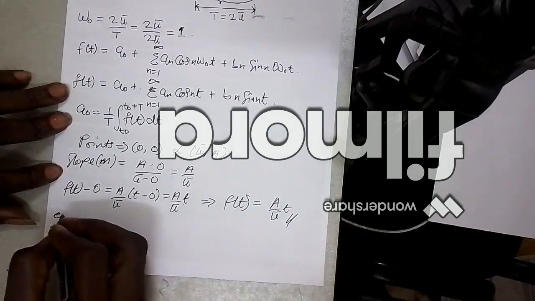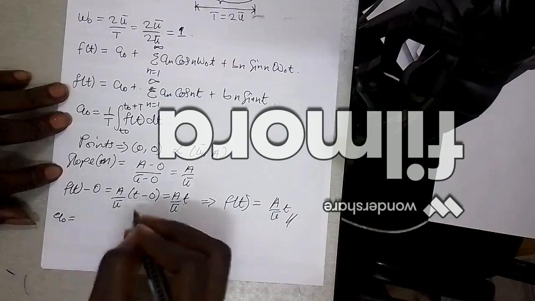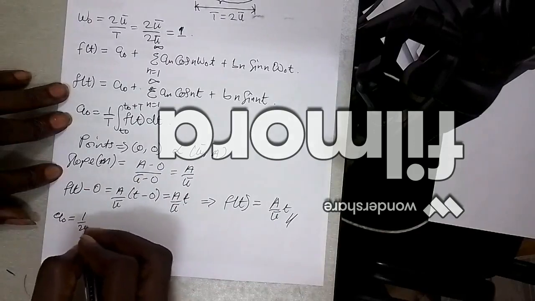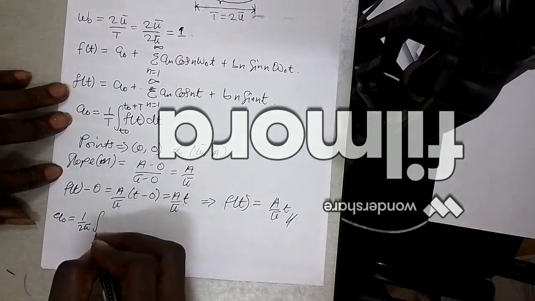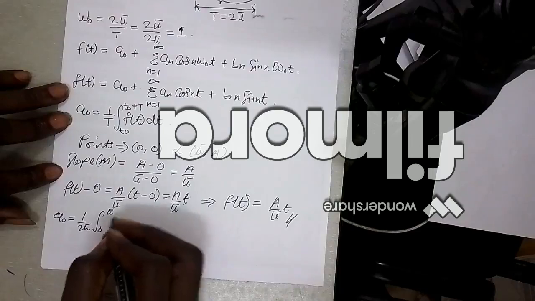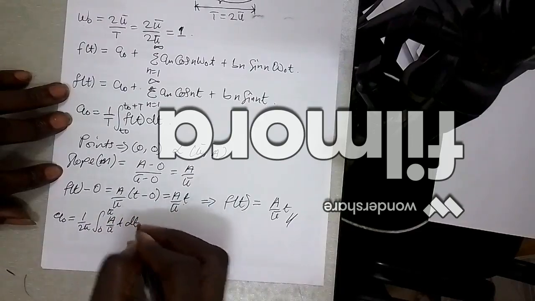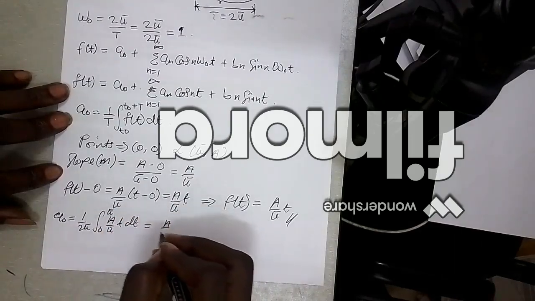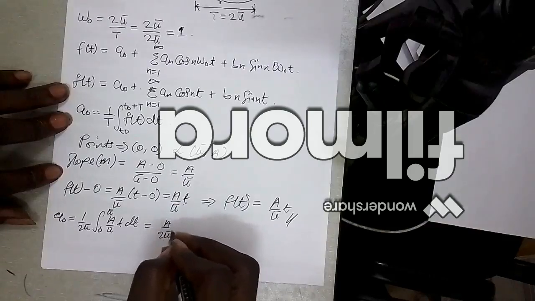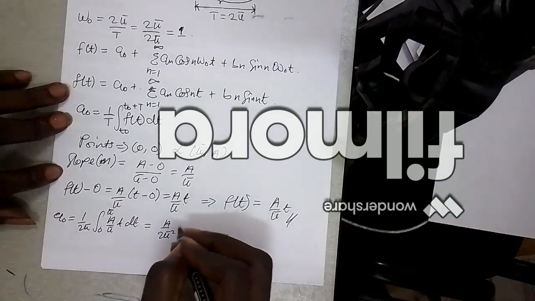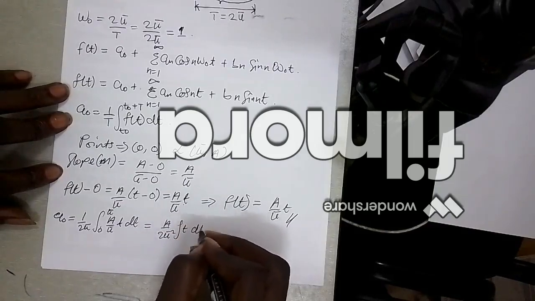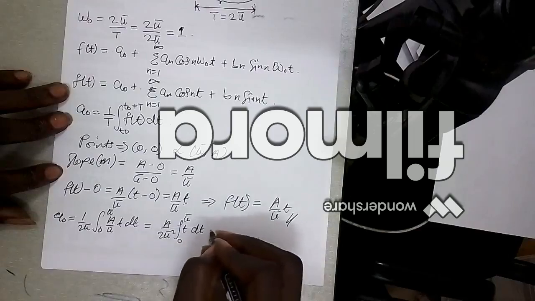So briefly, let me find my a naught. Now my a naught is equal to 1 over 2 pi into the integral from 0 to pi of A over pi t dt. So this is equal to A over 2 pi squared into the integral of t dt, with pi as the upper limit and 0 as the lower limit.